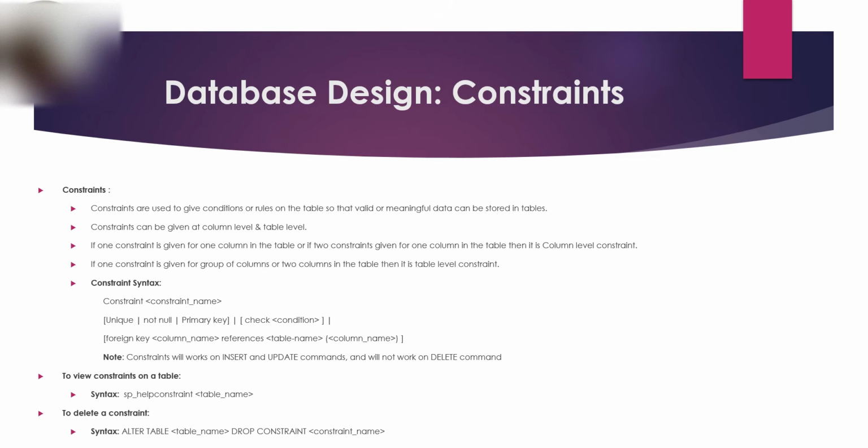To check the constraints, use sp_helpconstraint followed by the table name. If you execute this command in the query editor, you will see all the constraints on the table. You can delete a constraint using the ALTER TABLE command with DROP CONSTRAINT.